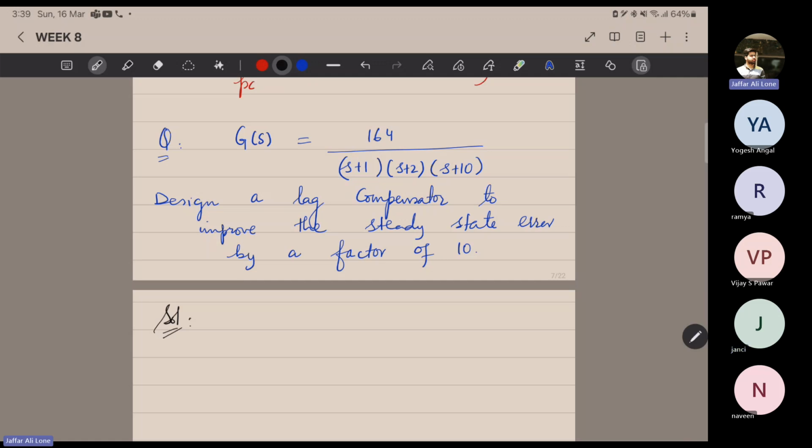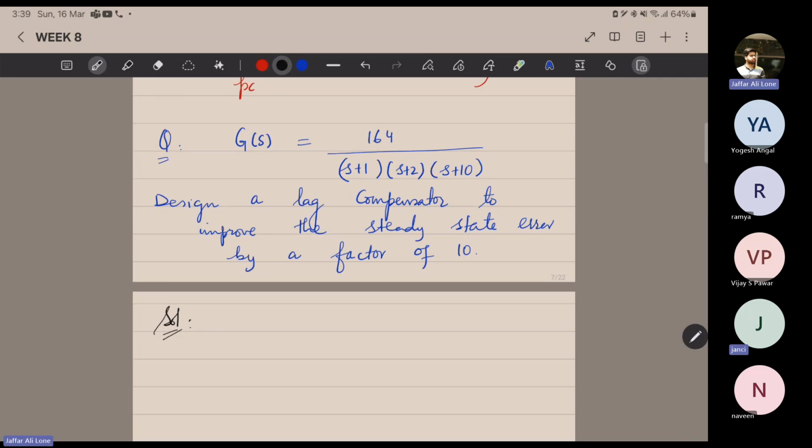So can you try this question? You are given an open loop transfer function, and you want to design a lag compensator to improve the steady state error by a factor of 10. So can you first calculate the steady state error for this open loop system?